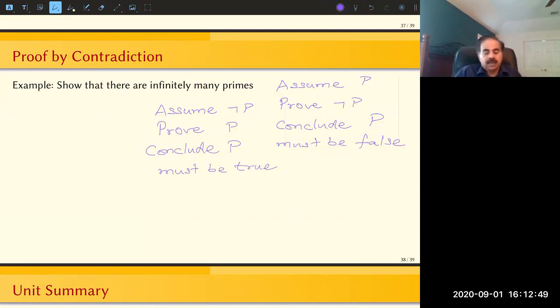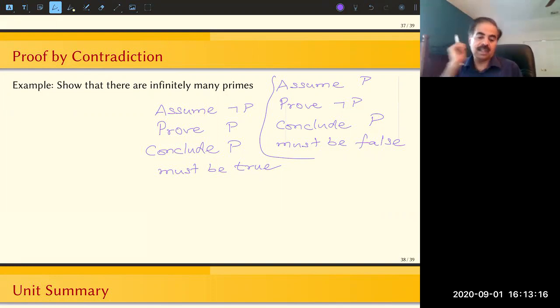So either you start from P and prove not P, and then P must be false, or you negate everything: instead of assuming P, you assume not P; instead of proving not P, you prove P; and instead of concluding that P must be false, you conclude P must be true. They are all just one negation in front of everything here.